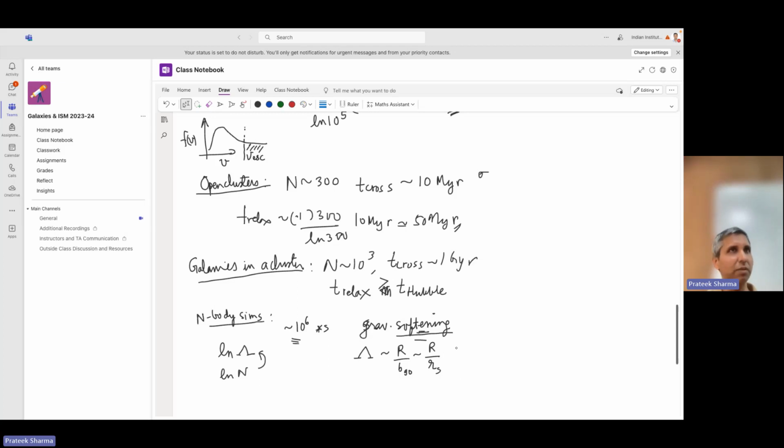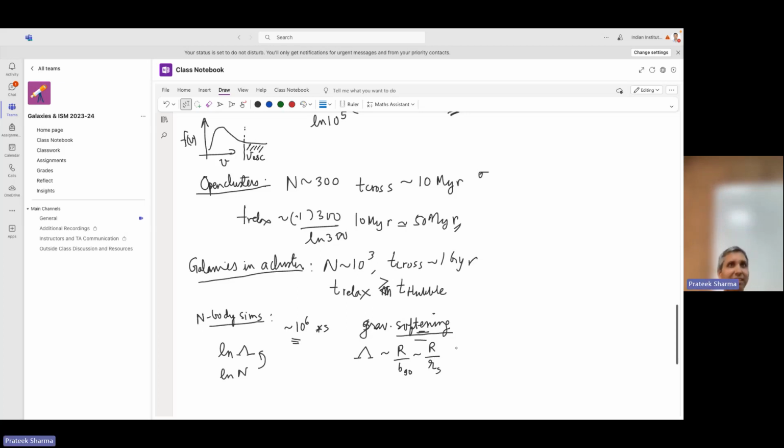Okay, so any questions about two body relaxation or collisions? It's an extremely important concept, because of the almost negligible effect of two body relaxations. We can actually use density distributions like rho as a function of r to model galaxies.